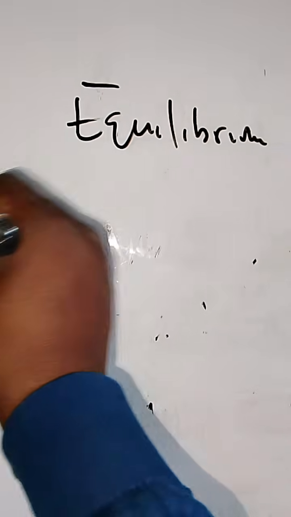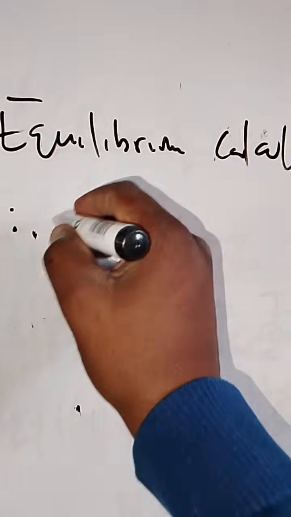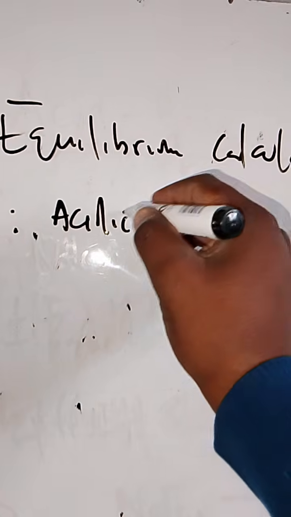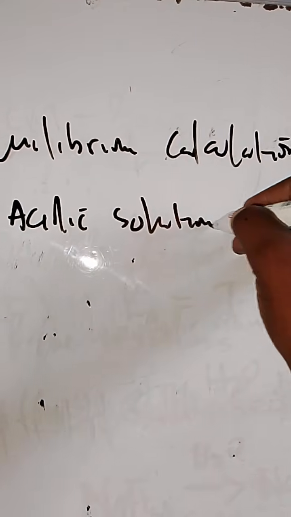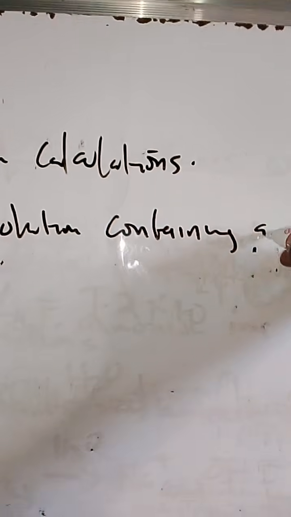Equilibrium calculations. So example. In this example, we shall look at an acidic solution containing a common ion.